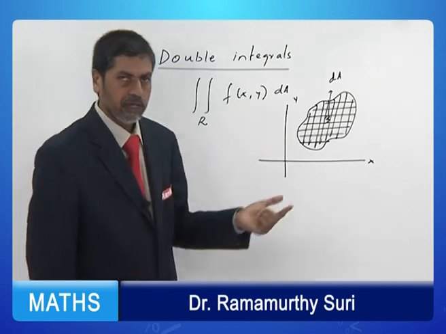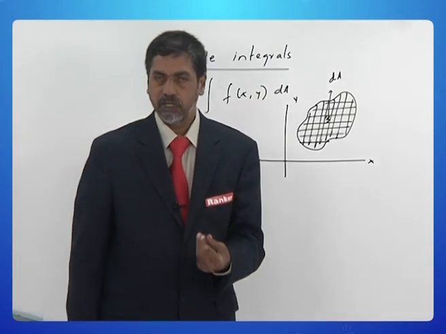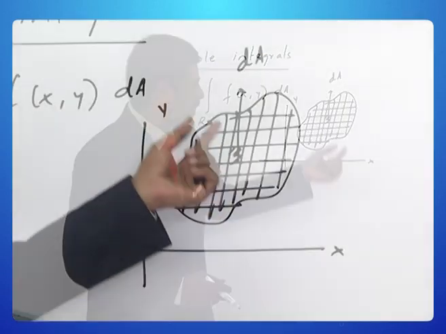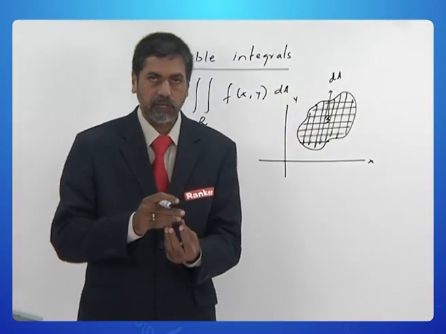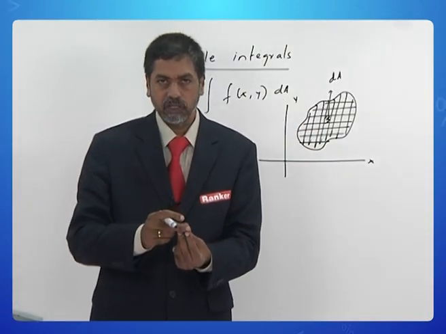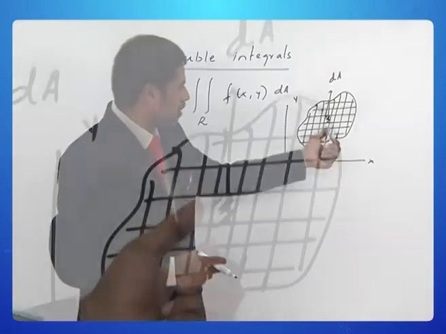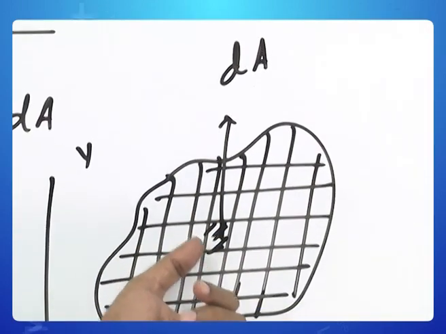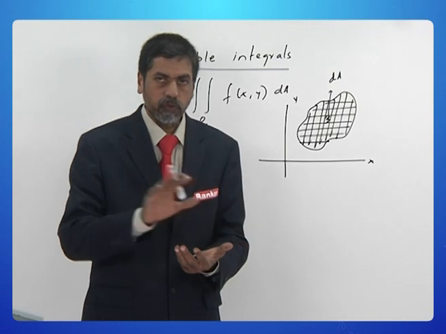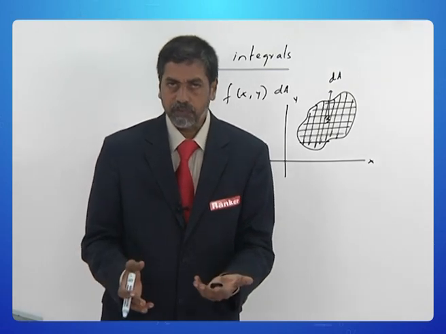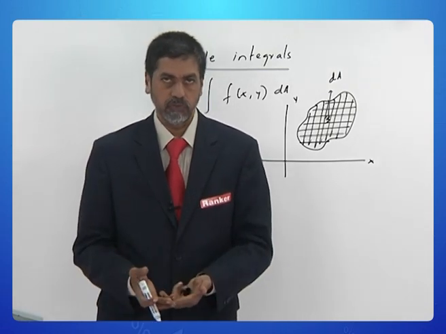If f of xy represents a surface, and if you multiply that with the area element, then you are actually calculating the volume of a cylinder standing on this small elementary area. So when you integrate over the entire thing, one of the interpretations is this represents volume.